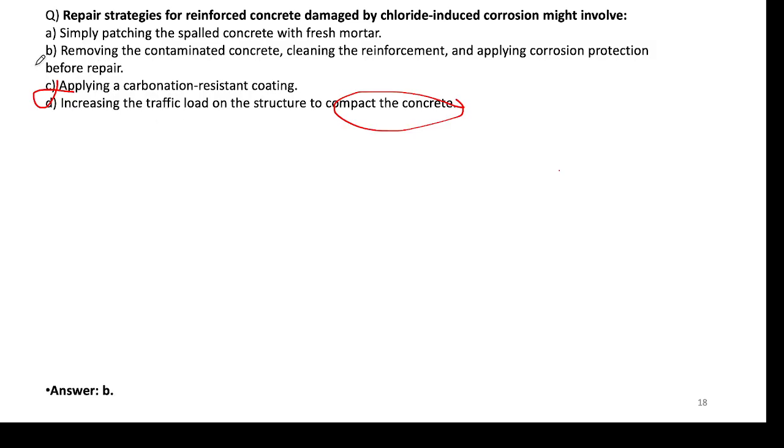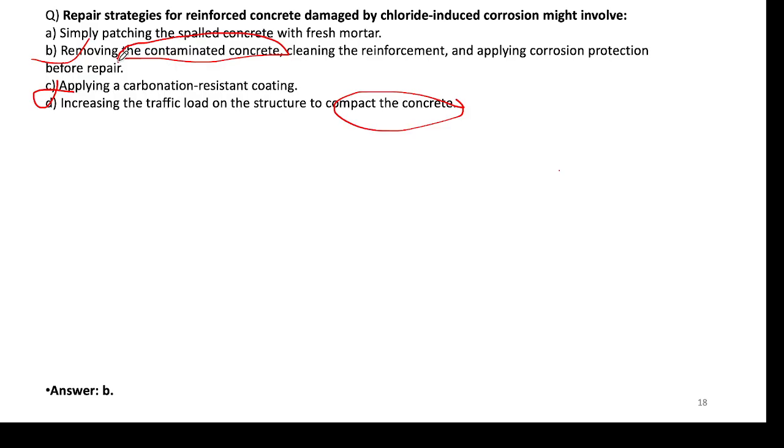Answer B is correct. We have to remove the contaminated concrete where there is an ingress of chloride. Let's say we are only removing the concrete from the affected area and not from the unaffected area. There, further time is required for the chlorides to reach the steel.